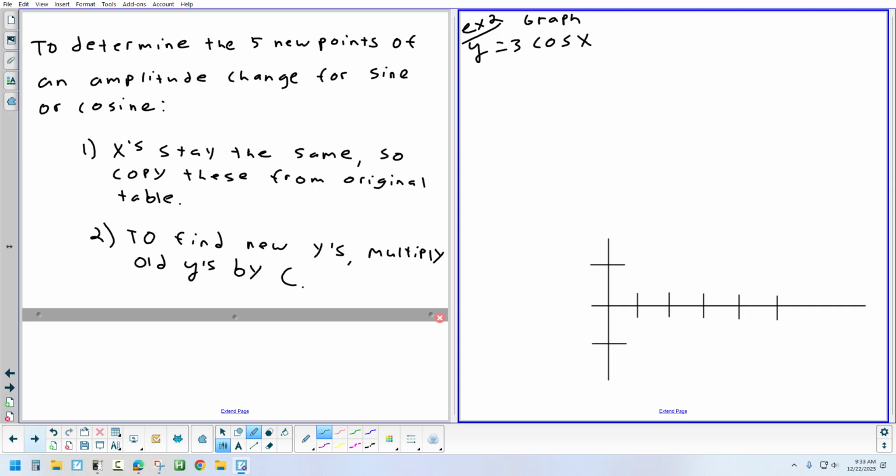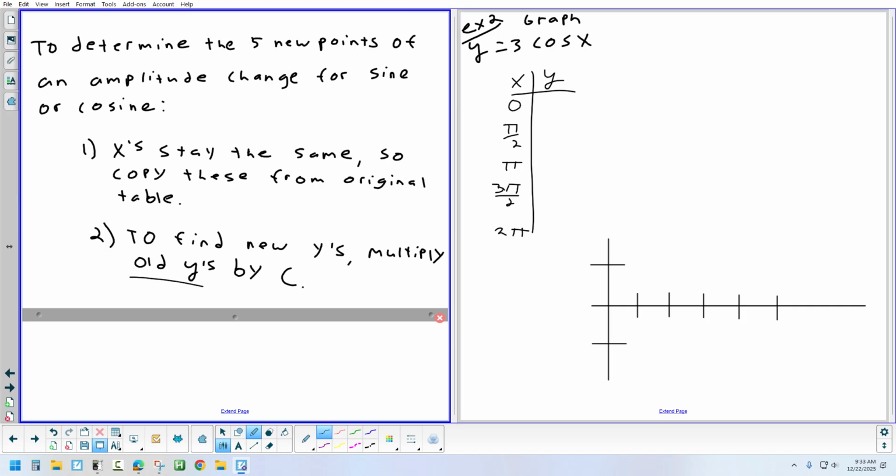All right, so let's try 3 cosine x. X's stay the same. So Ethan, what are my original x's for cosine? 0, pi over 2, pi, 3 pi over 2, 2 pi. Now we need to find the new y values, but to find the new ones, we need the old ones.